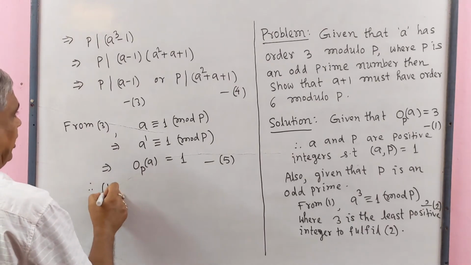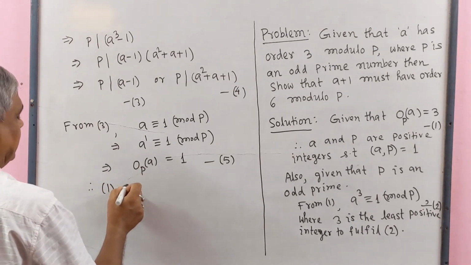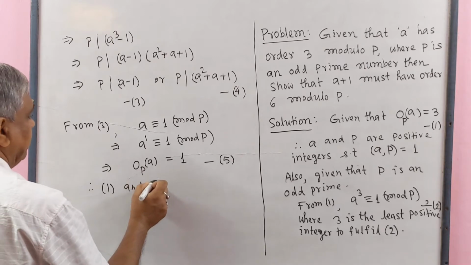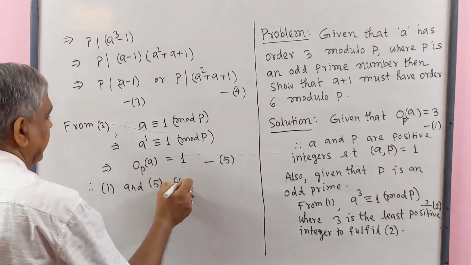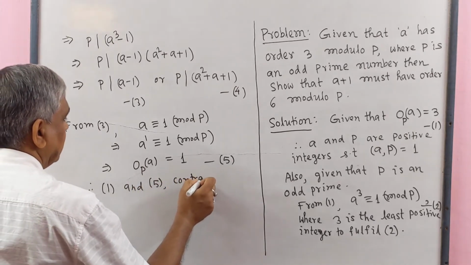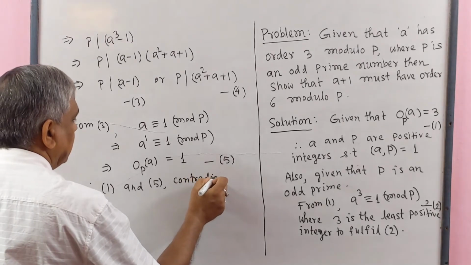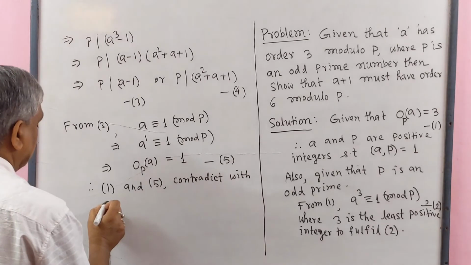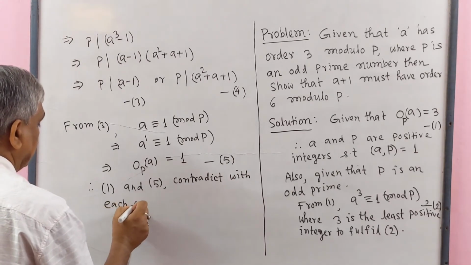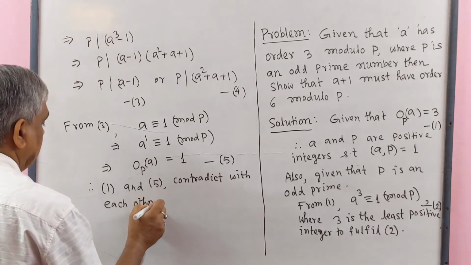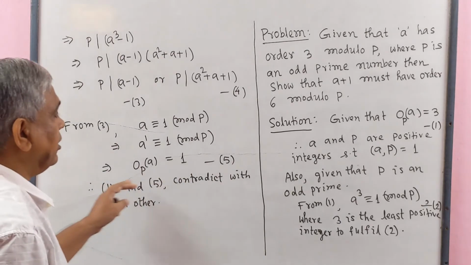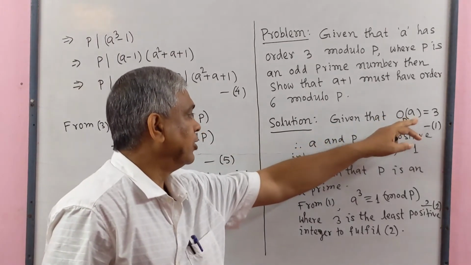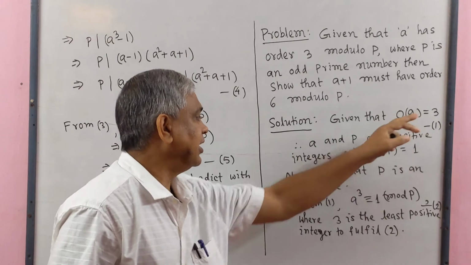Therefore, 1 and 5 contradict with each other. In 1, order of a modulo p is 3.